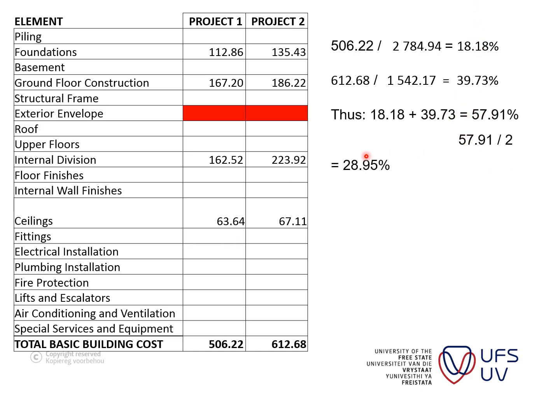But if you work out the average, about 29% is what these items contributed. If you extrapolate that with your rate per square meter, which you've calculated before, you get to a rate of 3,592 Rand. So very simple, but it can still contribute 5 or 6 marks in a test or in an exam. Please be mindful of that.